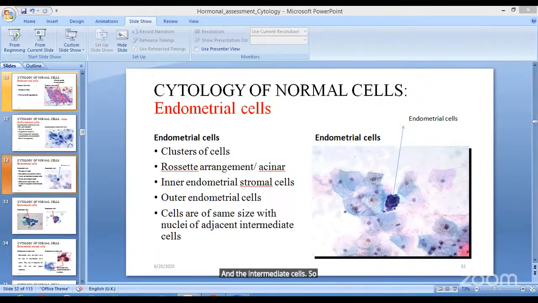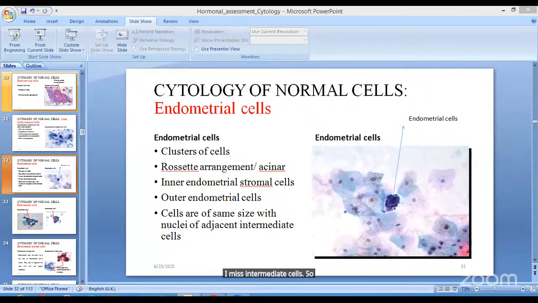This is common in women of reproductive age, especially women at the peak of the proliferative phase, trying to enter the secretory phase. You see a cellular picture like this. So the endometrial cells are always found floating amidst intermediate cells.